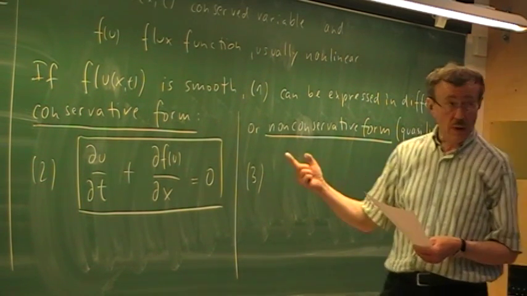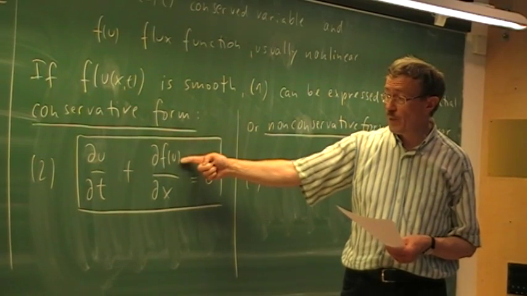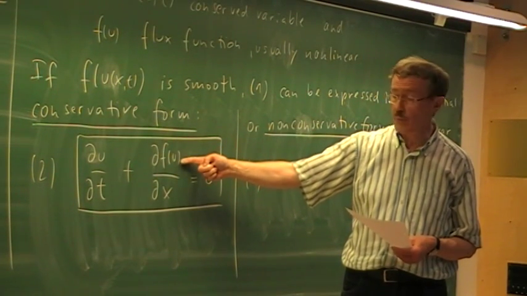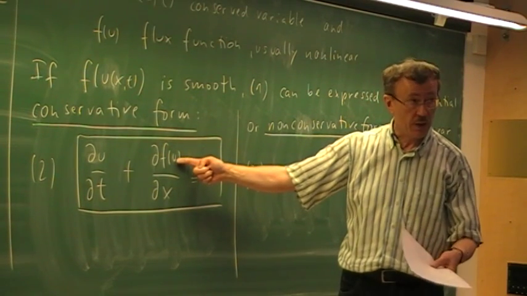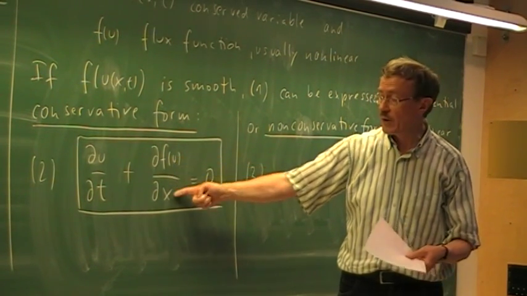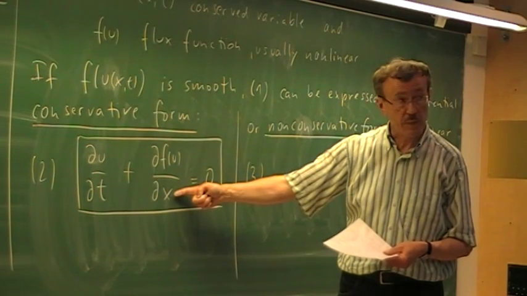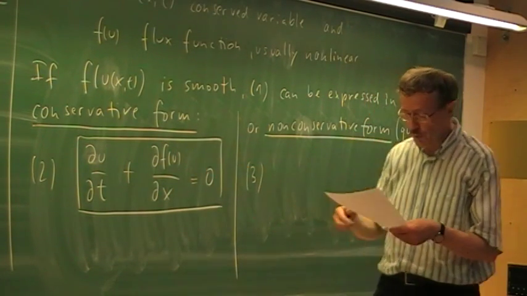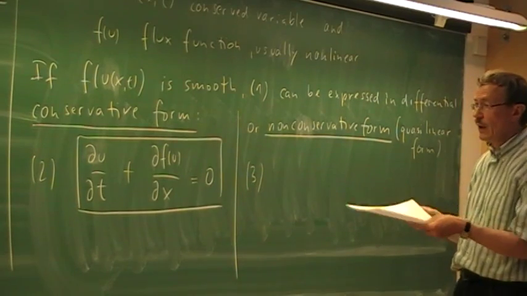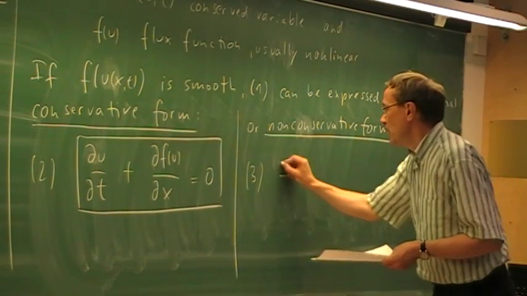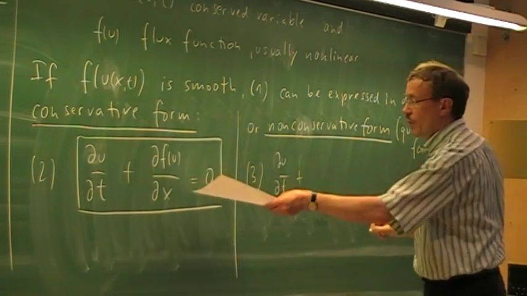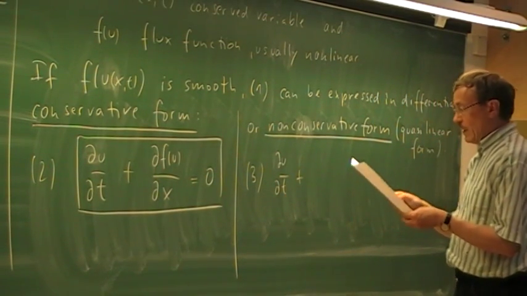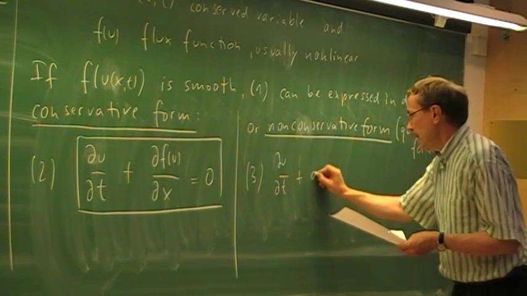But when we do a step further, the step further would be to apply the chain rule, because f is depending on u and u is depending on x and t. But here we have only to consider the derivative with respect to x. So then we apply the chain rule, and we get du dt plus the f prime of u, that I call a of u.